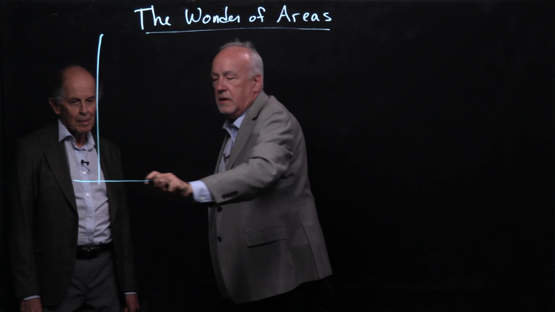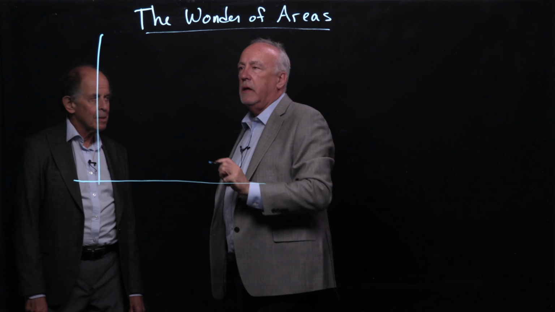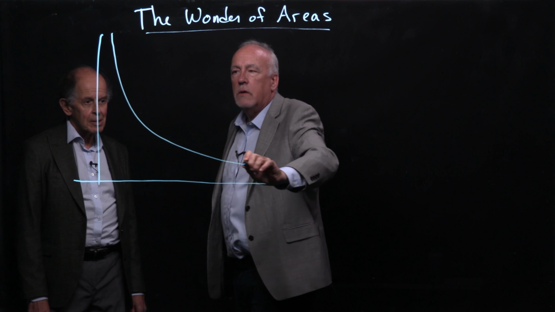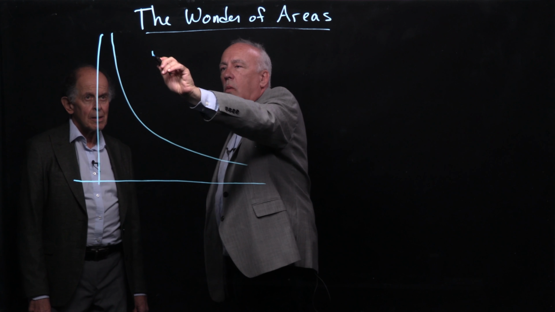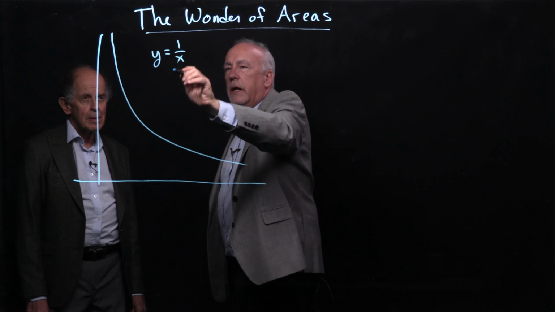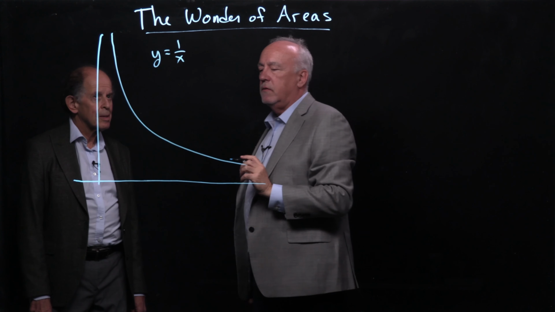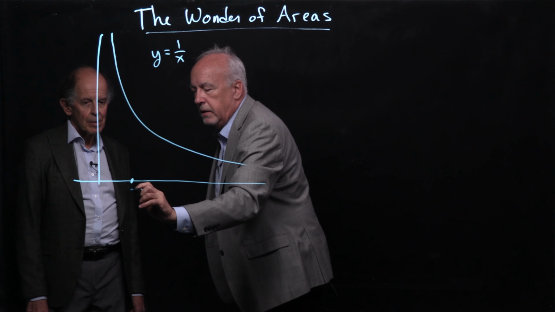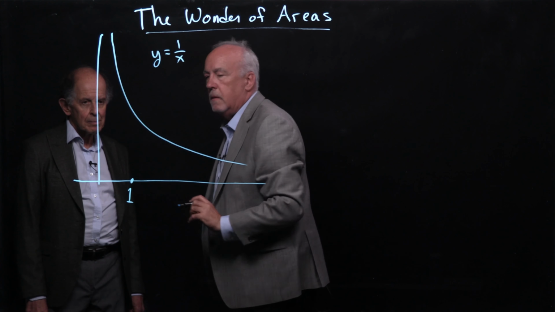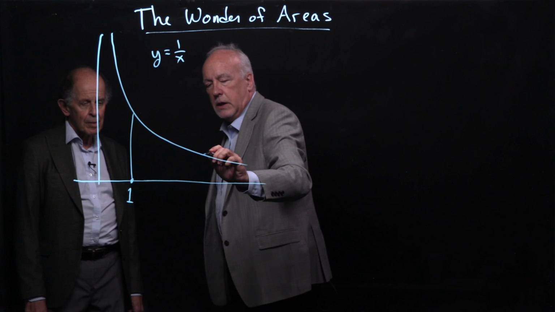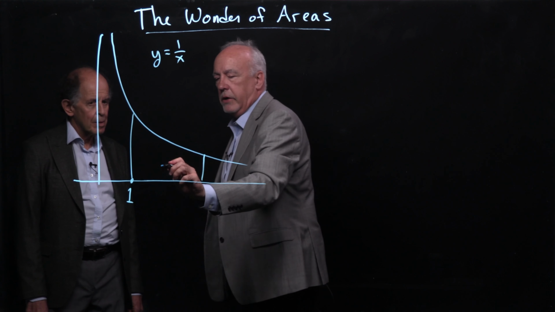So we'll start this way. We had a rectangular hyperbola, y is equal to 1 over x. And the way we defined the exponential function was, again, using an area. We started off at the point x equal to 1, do a straight line up, and then I take a little chunk of area underneath here.